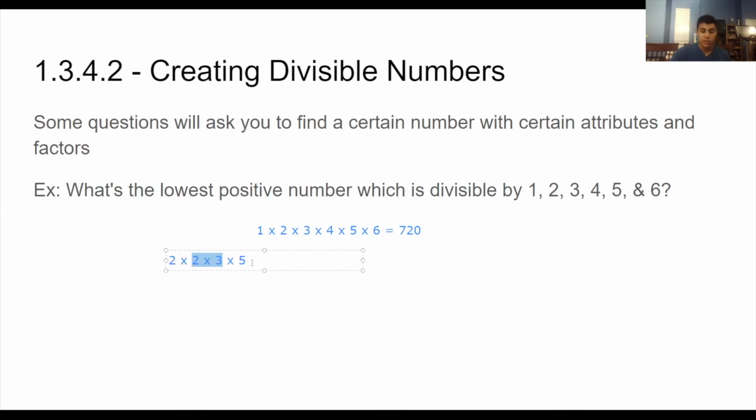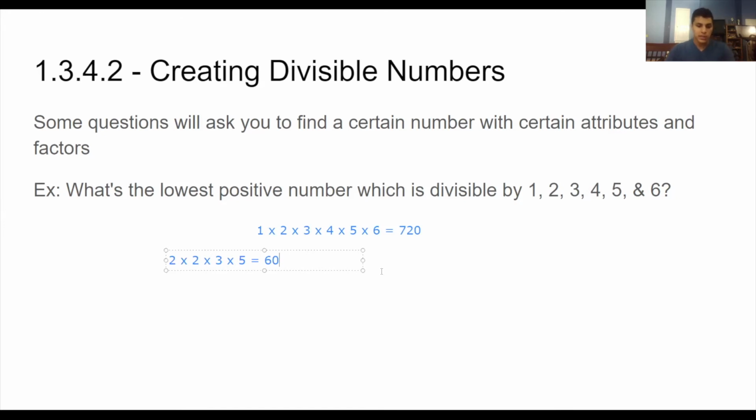This number is already divisible by 6 with the prime factorization we created, which is why 1 times 2 times 3 times 4 times 5 times 6 is redundant. It gets you 720, but 720 is way higher than the lowest positive number which is divisible by all of these. So 2 times 2 times 3 times 5 is going to equal 60.